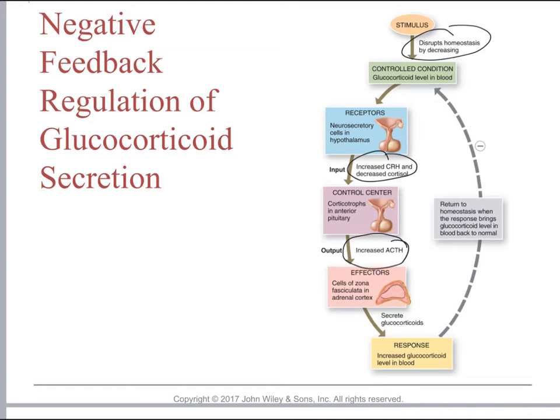It's going to affect the cells of the zona fasciculata in the adrenal cortex to secrete cortisol, to secrete that glucocorticoid. The response is increased glucocorticoid in the blood. This returns to homeostasis when the response brings glucocorticoid levels back within normal range, and the loop shuts down or negates.